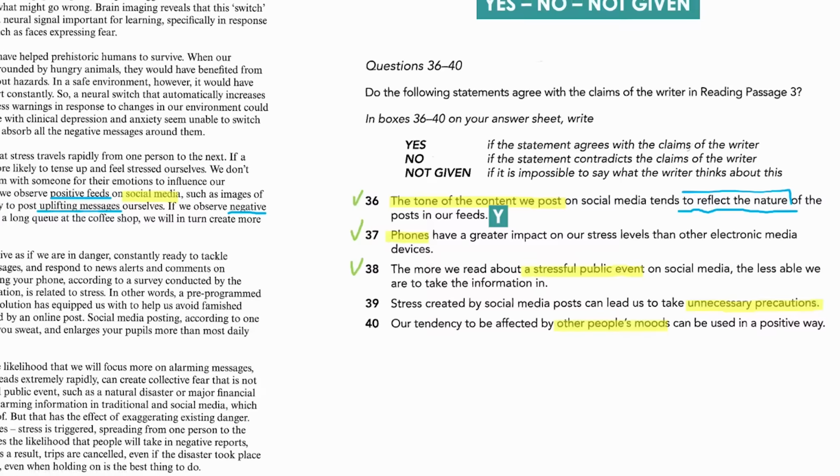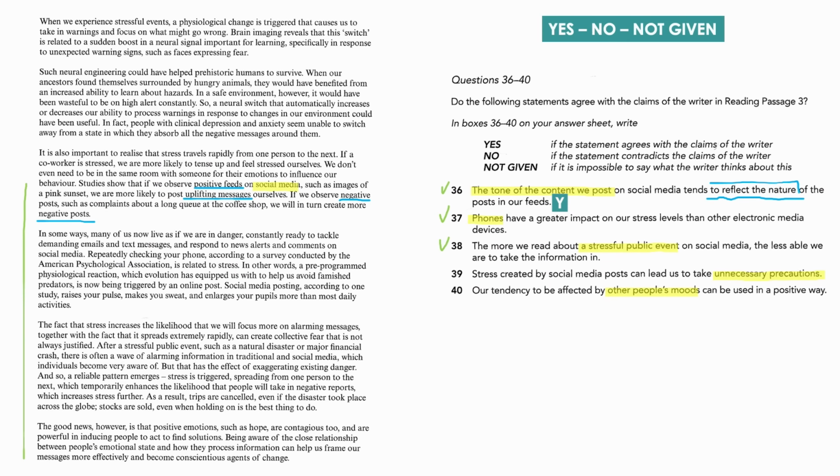Now the next one. Phones have a greater impact on our stress levels than other electronic media devices, with other media devices and greater impact. Let's see. To find the answer, let's continue reading this passage. And basically, it describes in detail what kind of stress our phones cause. But there is nothing about comparing the impact of phones and other electronic media devices.